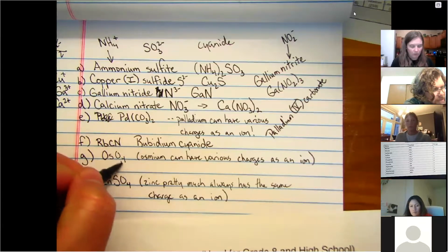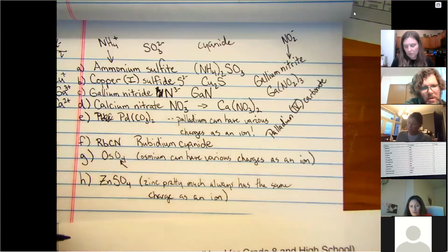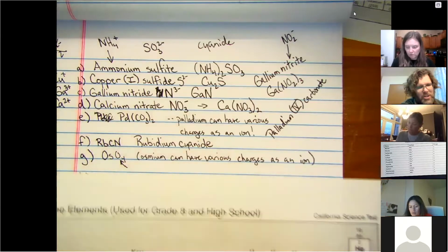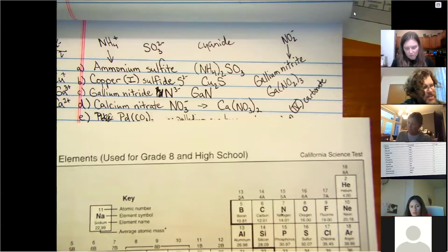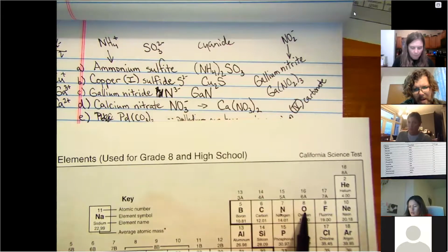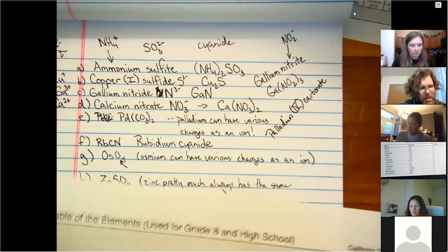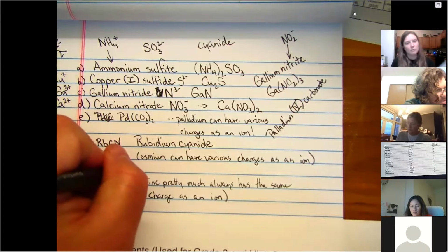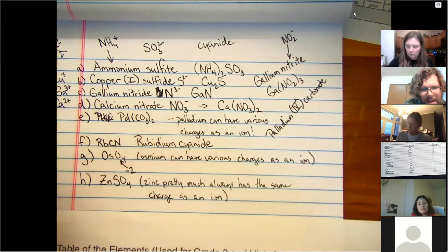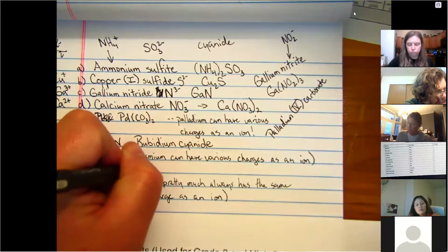It is with 4 oxygens. So when we look at oxygen on the periodic table, oxygen is a group 6 nonmetal, which means it needs to gain 2 electrons to have a full outer shell, which means each one of those oxygens is a -2. And there are 4 of those oxygens.